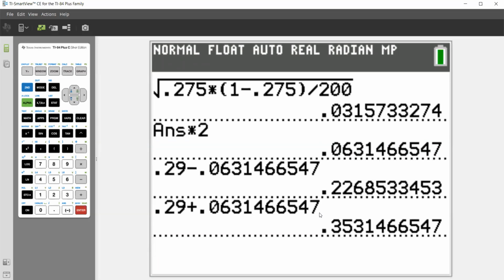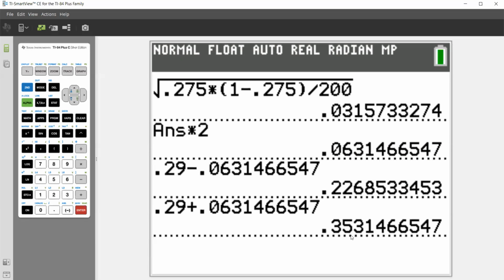So what I've just done here is created what's called a 95% confidence interval, where we're saying that we're 95% confident that the true population parameter is between 0.227 and 0.353, which of course it is in this case, right?